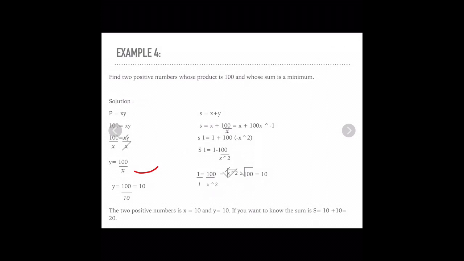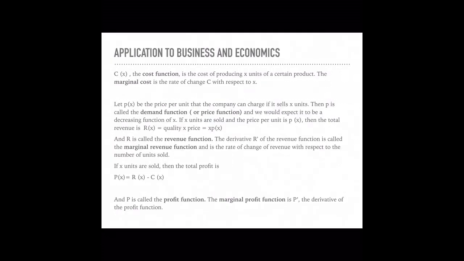Yun po yung sum. So, move on na po tayo sa application to business and economics. So, C of x, the cost function is the cost of producing x units of a certain product. The marginal cost is the rate of change of C with respect to x.